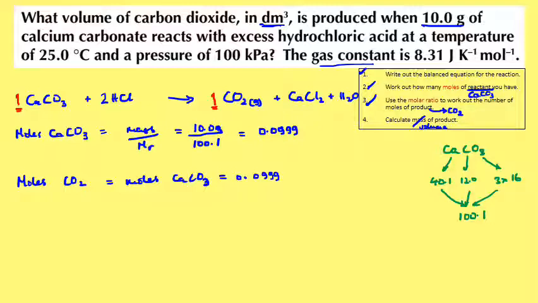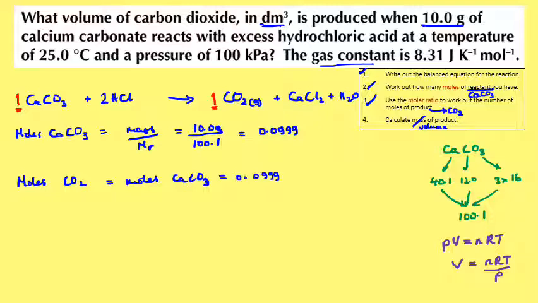So now what we want to do is calculate the volume of the product, and why don't I switch colour again, choose purple this time. So I'll just remind you of the ideal gas equation, PV equals nRT, and rearrange that. Volume equals nRT over P. Okay, so that's the version we're going to use.